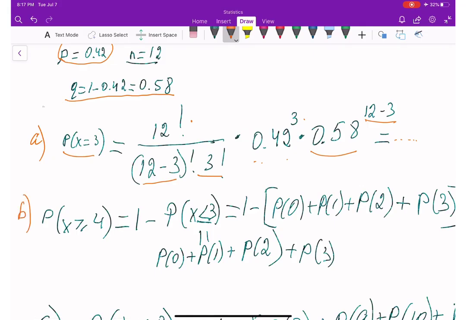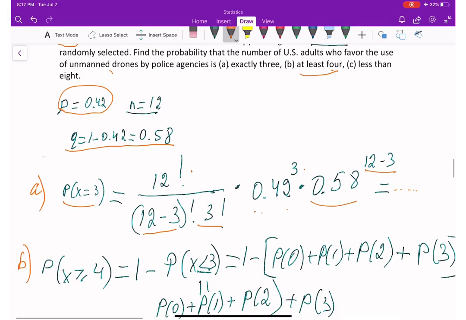At least 4, since the total we have is 12, it's going to be 4, 5, 6, 7, 8, 9, 10, 11, 12. Or, if we have a probability of 3, so the total is 12, right? Sample size 12. If we know this 3, so if I do 12 minus 3, I will get the rest, correct?